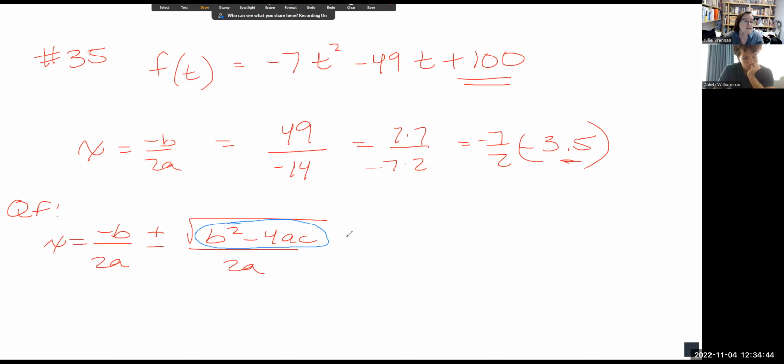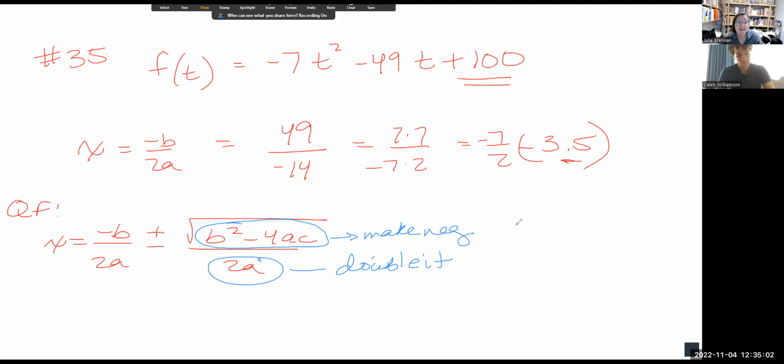But if you take this, make it negative, and then you take this and you double the denominator, if you're doing the quadratic formula anyway, this gives you the y coordinate of your vertex. This is your max or your min.